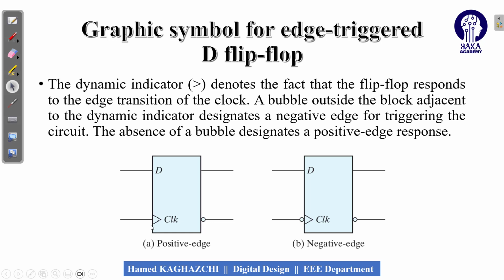If you look here, this symbol indicator denotes that the flip-flop responds to the edge transition of the clock. And also here, if we have the bubble, it means that this flip-flop works with the negative edge.